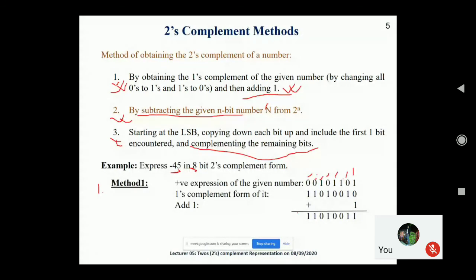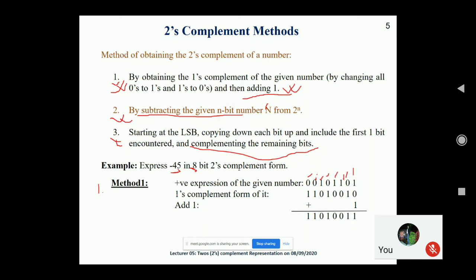This 8-bit number represents 45. See here, 2 to the power 5 is 32, plus 8, plus 4, plus 1. So it is 45.